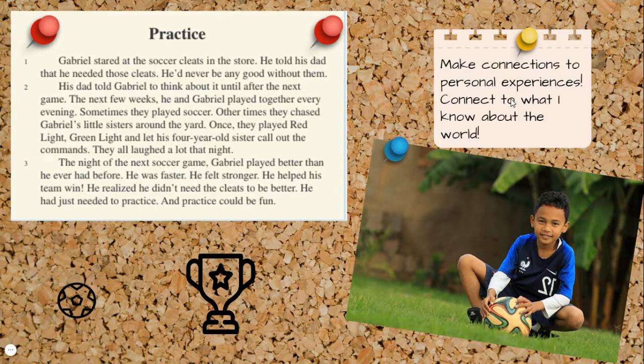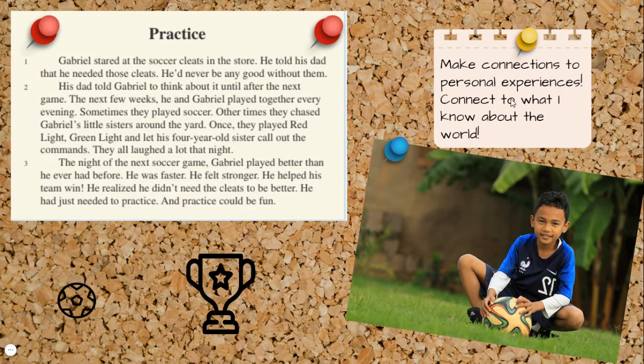They all laughed a lot that night. The night of the next soccer game, Gabriel played better than he ever had before. He was faster. He felt stronger. He helped his team win. He realized he didn't need the cleats to be better. He had just needed to practice, and practice could be fun.